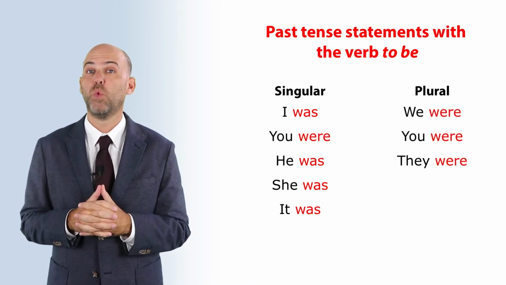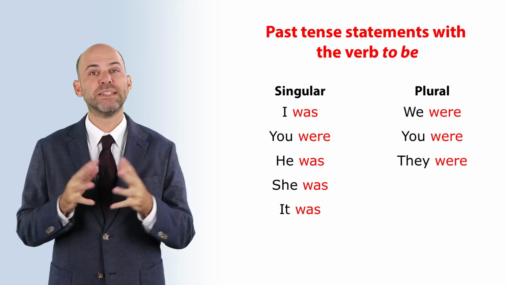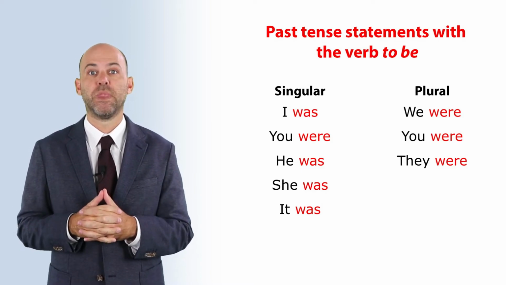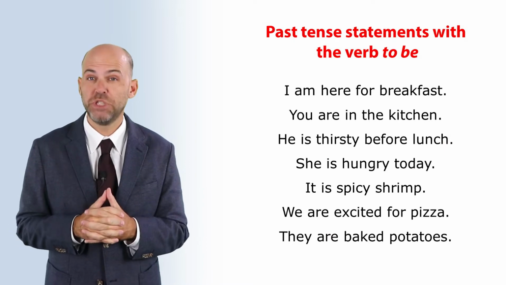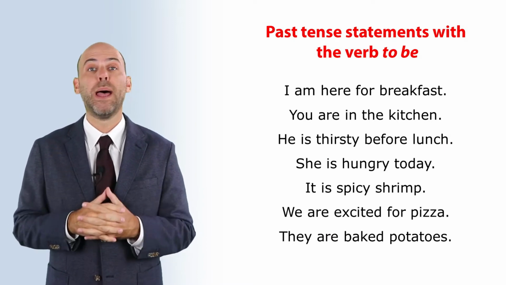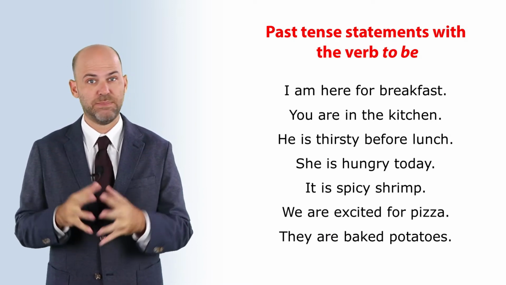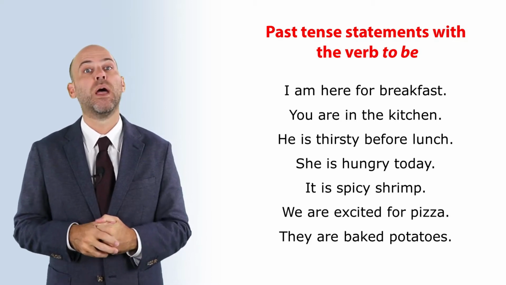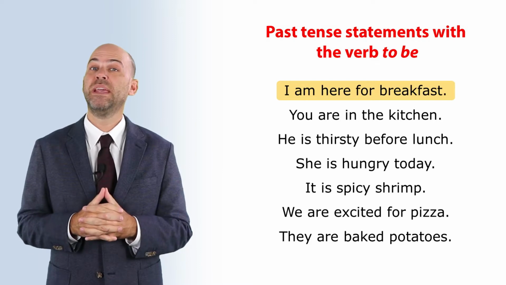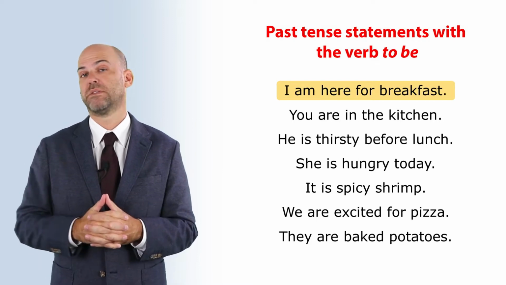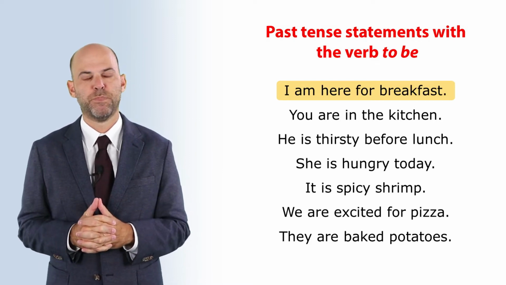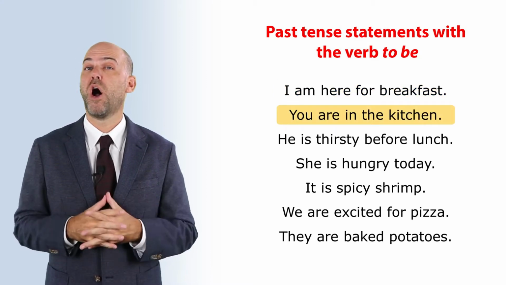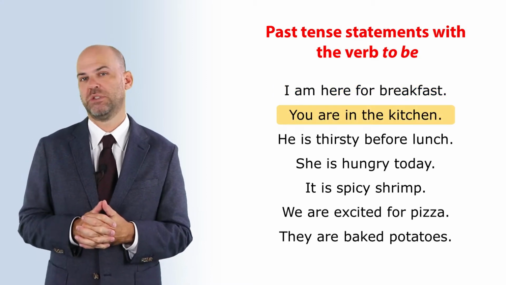Let's start with some simple present tense statements with the verb to be. Then we can change them into simple past tense statements. Repeat after me. I am here for breakfast. You are in the kitchen.